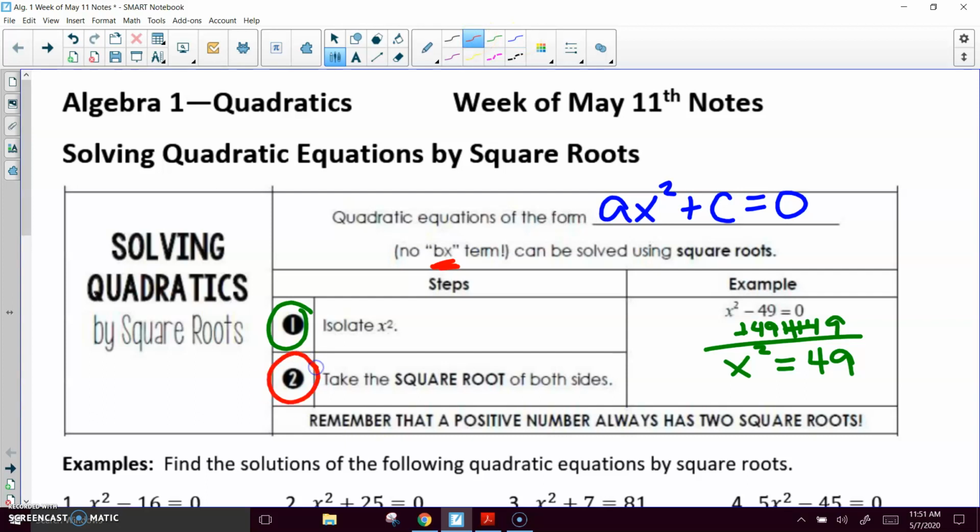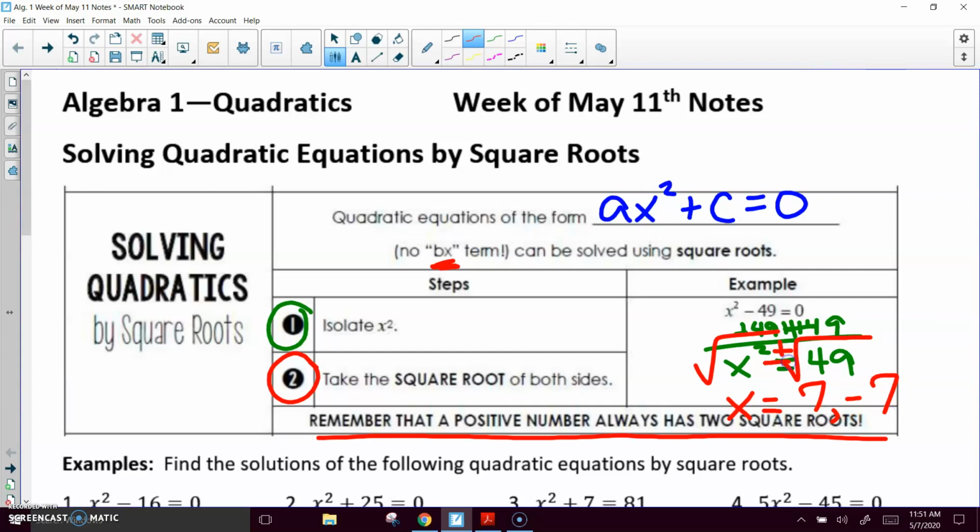Now I'm going to take the square root of both sides. The inverse operation of squaring is square rooting. Remember that a positive number always has two square roots. I'm trying to figure out what I square to get 49. I can square positive 7 and negative 7.